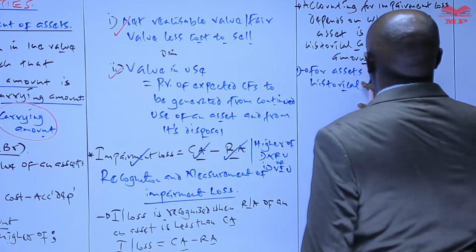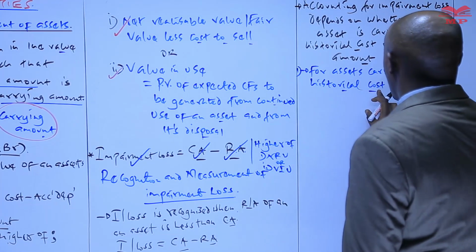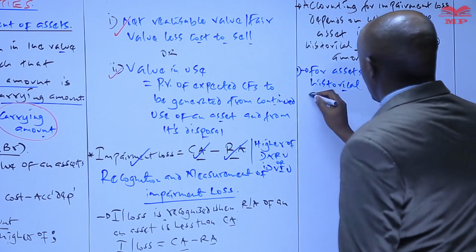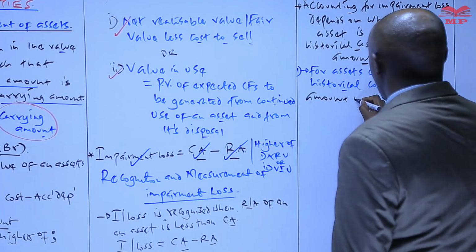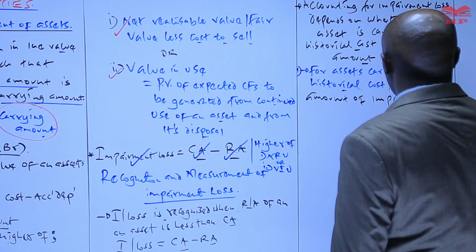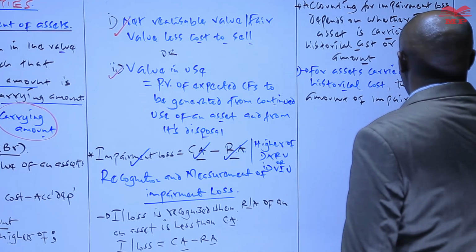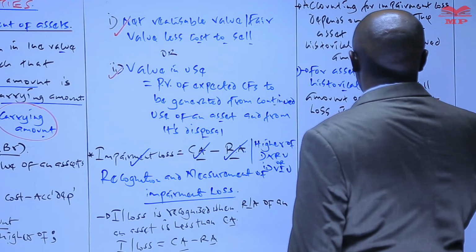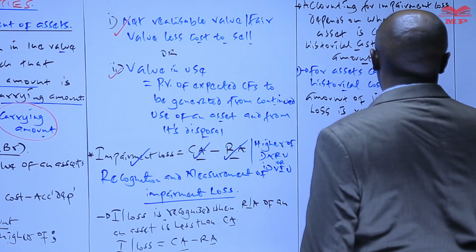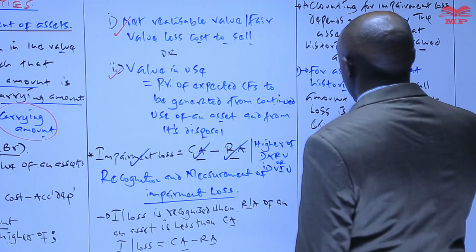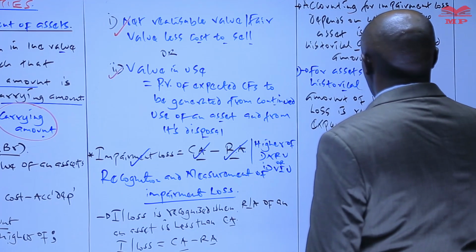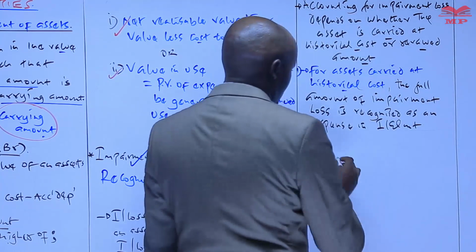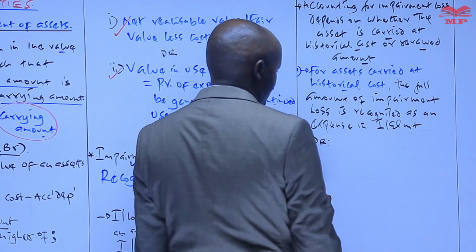So for the asset carried at historical cost, we can say the full amount of impairment loss is recognized as an expense in the income statement. And how do we account for that impairment loss?